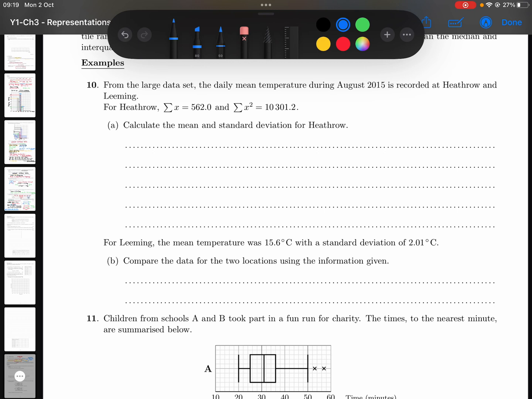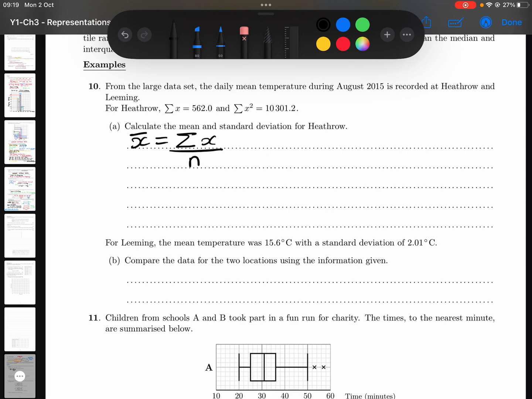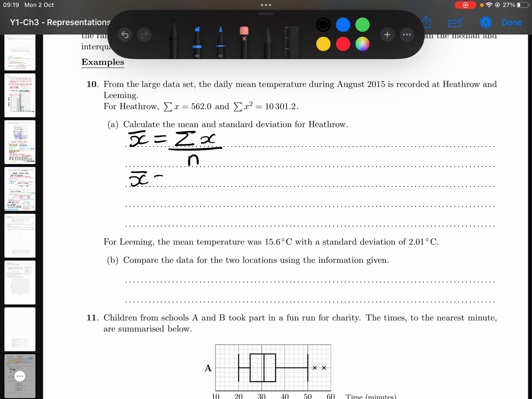How did you get on? For the mean, we have the following formula which we need to learn off by heart. The mean is the sum of all the values divided by the total number of values. So in this case, the mean is 562.0 divided by the number of values.